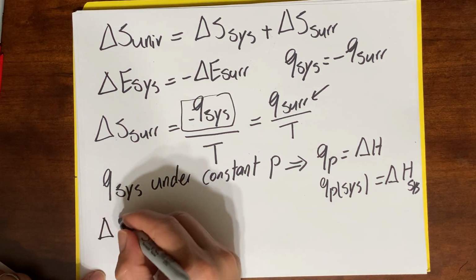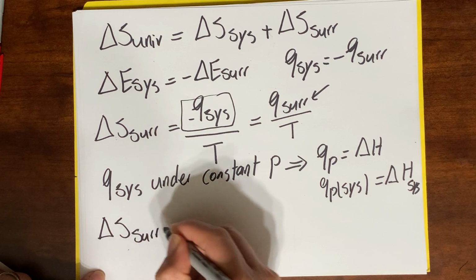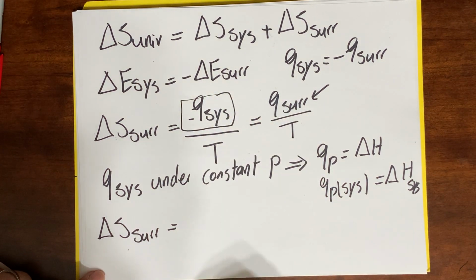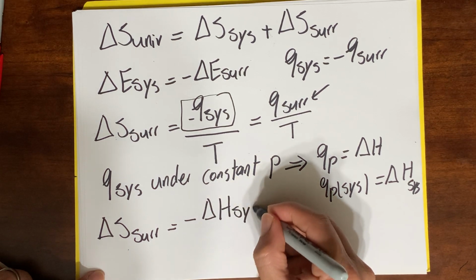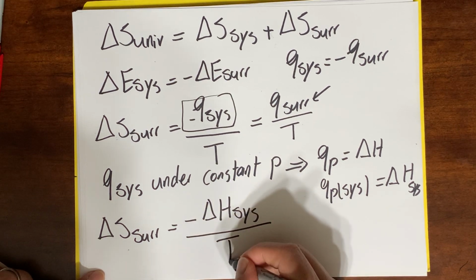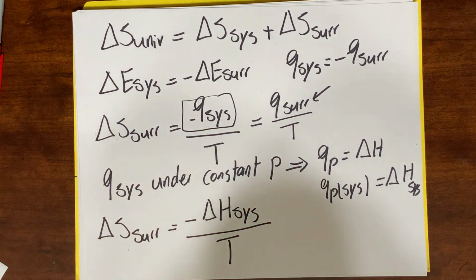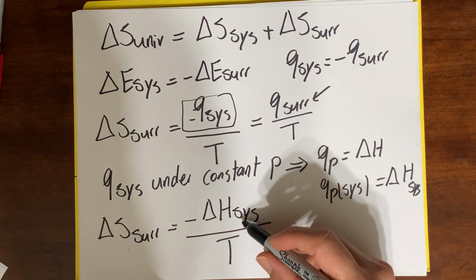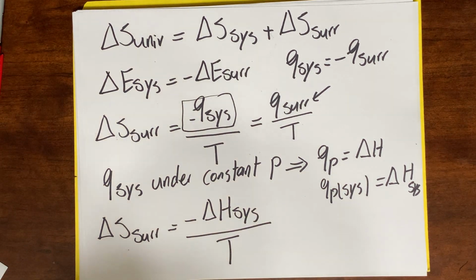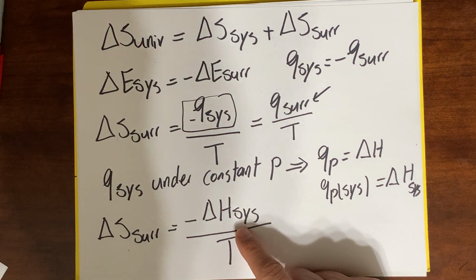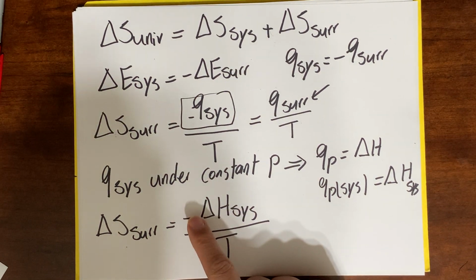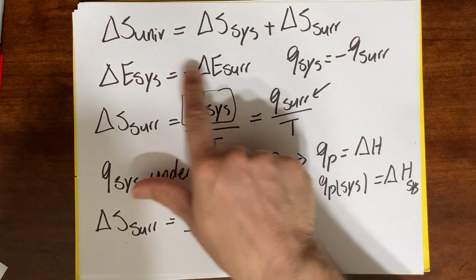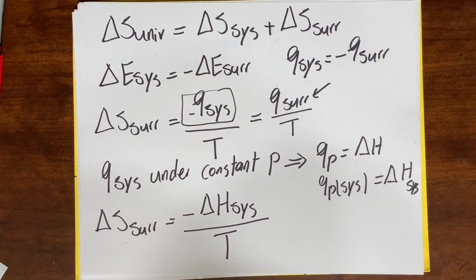So delta S of the surrounding, instead of minus Q of the system, I'm going to say minus delta H of the system divided by T. I will use this formula to calculate delta S of the surrounding. I know how much heat went outside, or we got it from outside. I give it a negative sign because of this. Give it a negative sign, so then I can calculate entropy of the surrounding.